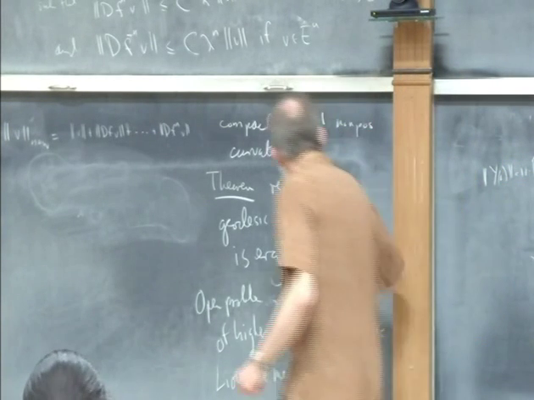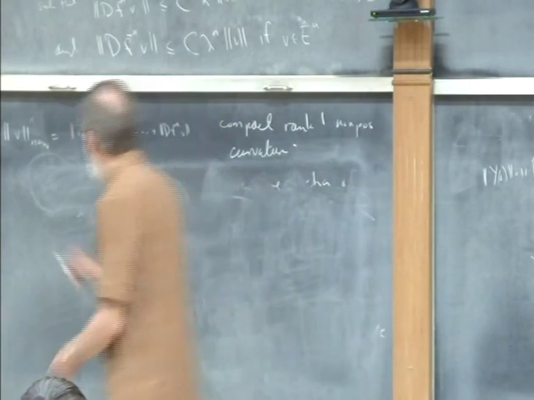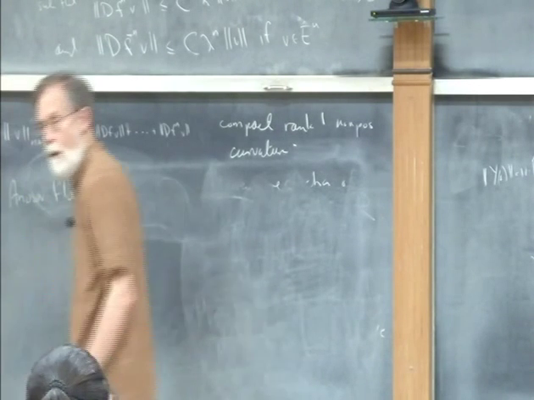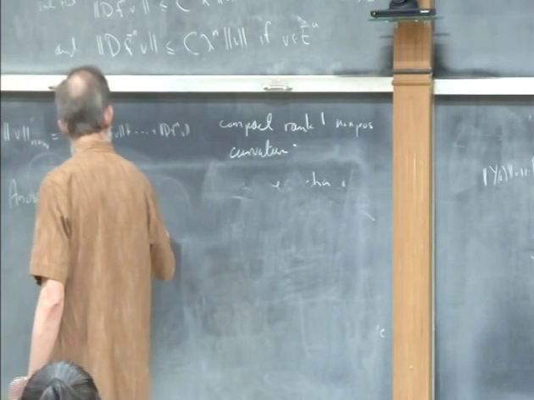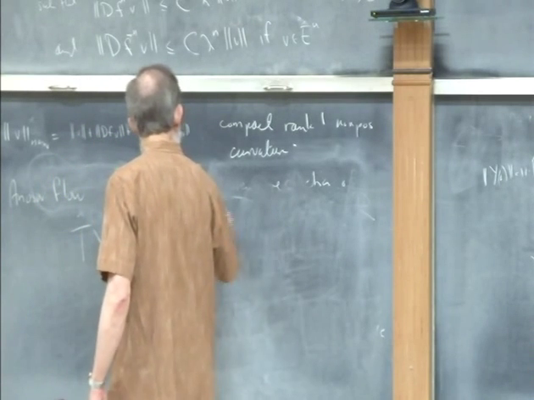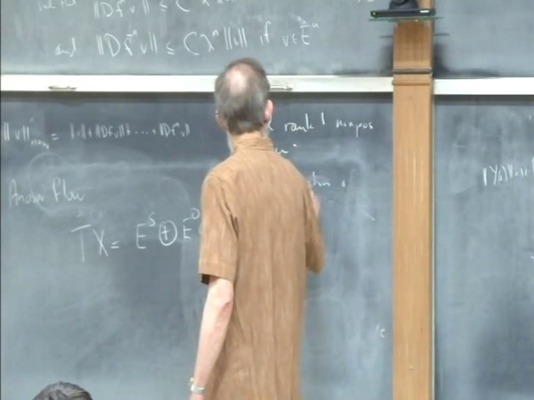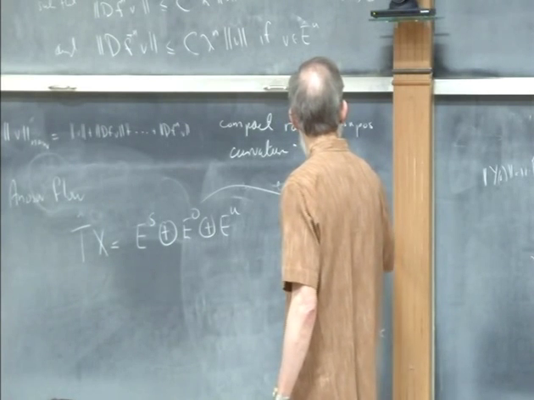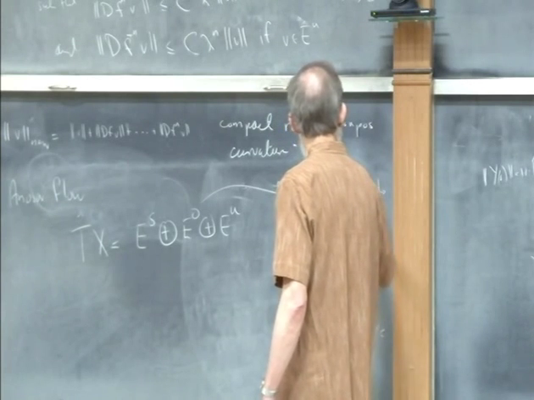And then for an Anosov flow, you have the same thing, essentially, except you now have TX equals E^s plus E^0 plus E^u. And E^0 is one-dimensional, tangent to the orbits of the flow.